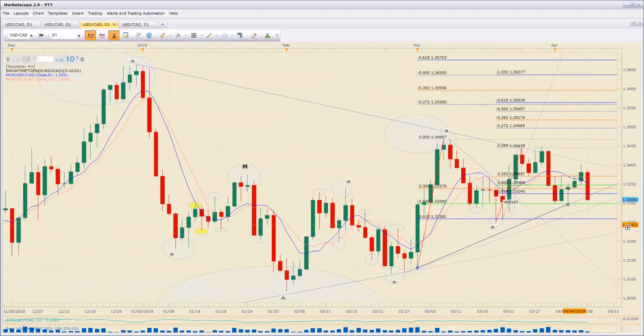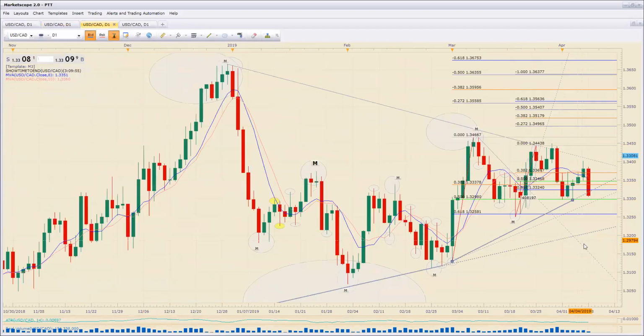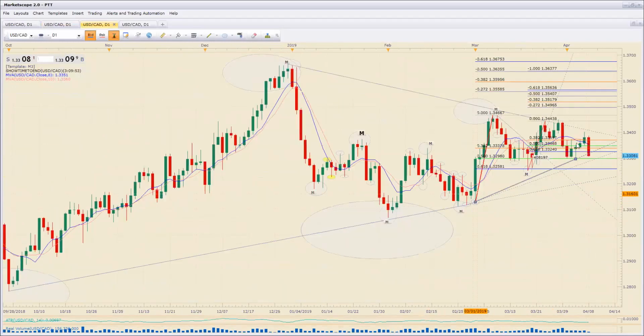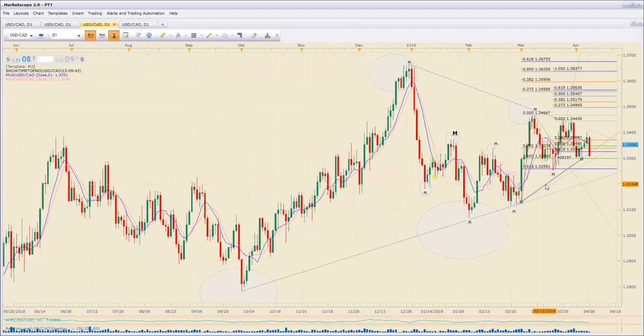Breaking out of the trend line there. So there's potential for this to come all the way to the 62 or lower, and that would require it to break the wedge.